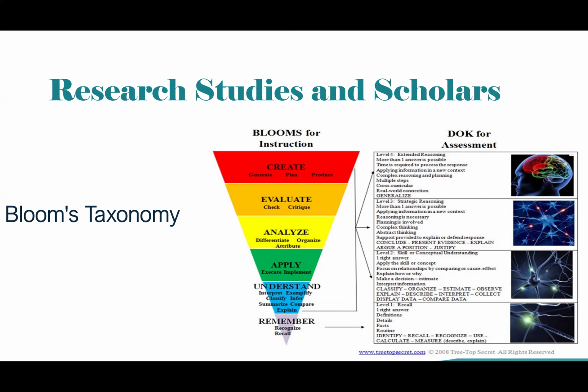Webb's taxonomy was in part an attempt to refine and expand upon Bloom's framework, focusing more on the depth and complexity of tasks rather than just the hierarchical structure of cognitive skills.